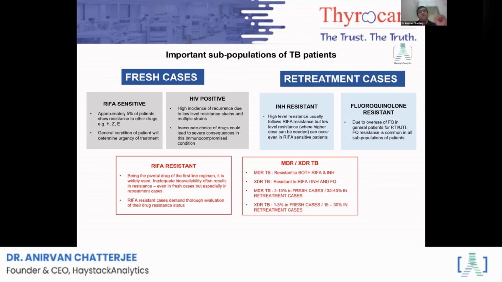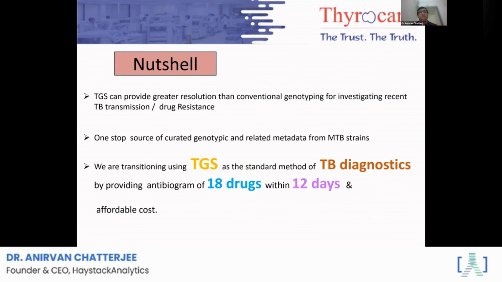That means the only people who will transmit are the patients who do not get the right drugs. We don't want to replace a treatable epidemic with a very, very difficult epidemic. And today, the idea is to provide universal DST at the earliest possible time. And ThyroCare has taken this lead to provide this test at a price which is almost comparable to the price of an LPA plus a GeneXpert done together.